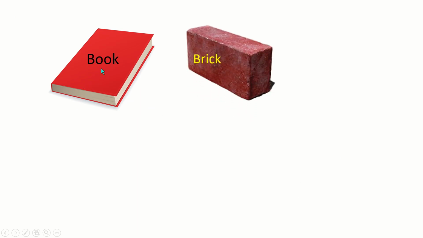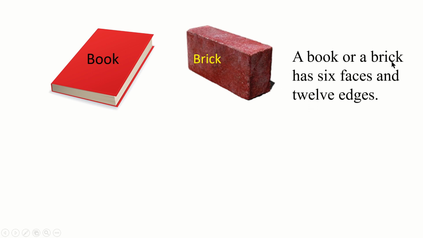Follow the figure. Here is a book and here is a brick. A book or a brick has 6 faces and 12 edges. 6 faces mean 1, 2, 3 and bottom face, this face and this face. That's my total 6.